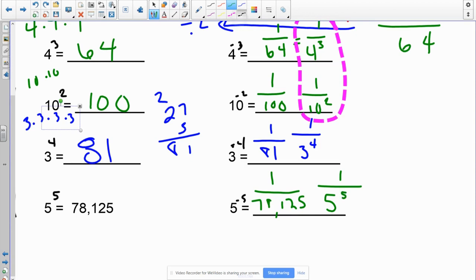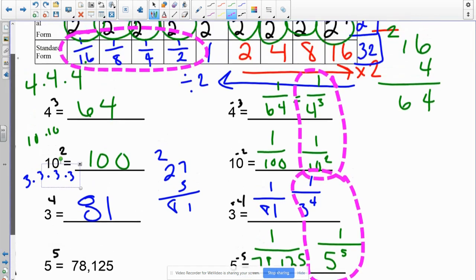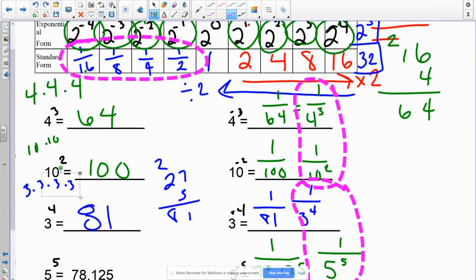So as I said, we're going to look at these negative values here. You can look at it like this, or you can look at it as its actual standard form. The actual standard form here would be these, and the ones below it.